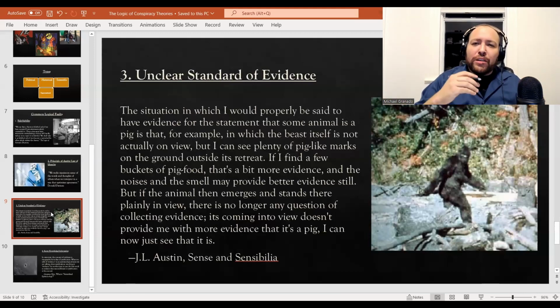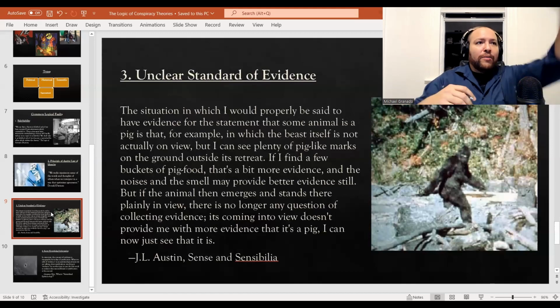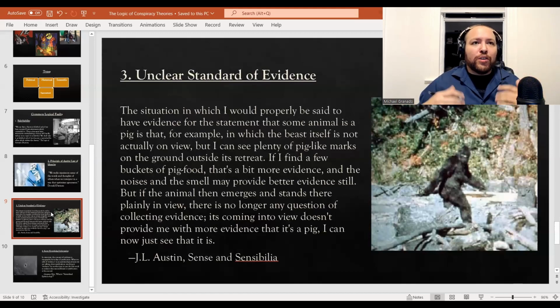In other words, if I want to convince you of something, like if I want to convince you of Bigfoot, what would convince you of Bigfoot? Hair, poop, some footprints, maybe environmental factors. What wouldn't convince you of Bigfoot is me saying, well, all of the arguments that you put forward to explain why Bigfoot does not exist don't work.